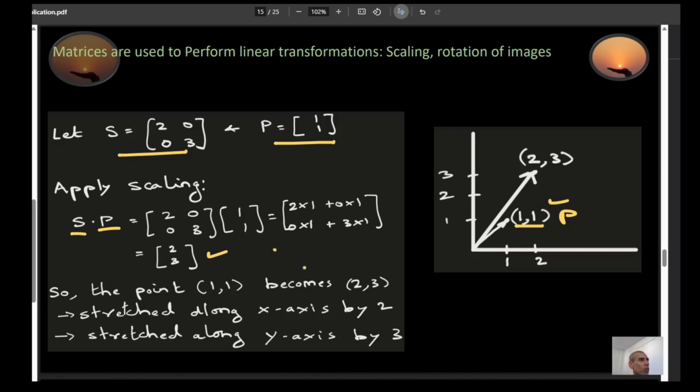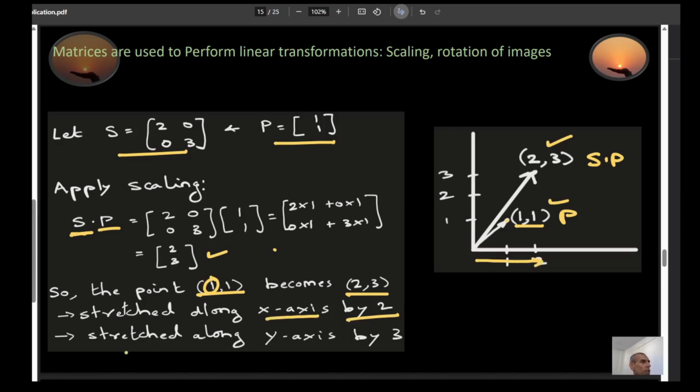That means your 1, 1 right here became 2, 3 because of the multiplication with this scaling matrix. This is my S dot P. This has been scaled. If you look over here, what just happened was that this point has been scaled along the x-axis by 2. So this one right here actually got over here.